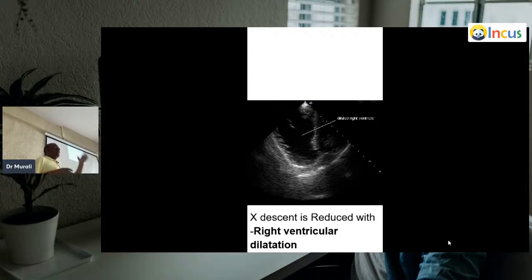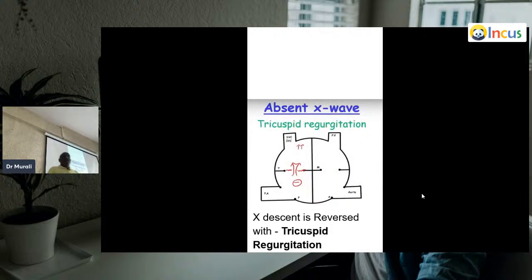See, basically, when ventricle is all relaxed, right? So atrium also was not used to build a lot of pressure. That's the reason atria, when relaxing, there is not much of pressure drop because the starting point of that pressure itself is low. That's the reason X descent is reduced with right ventricular dilatation, is what you need to remember.